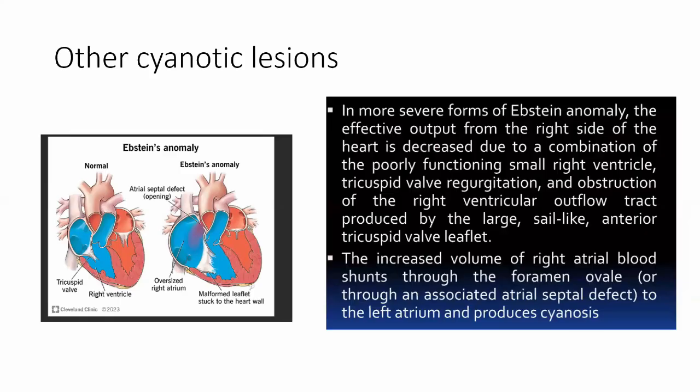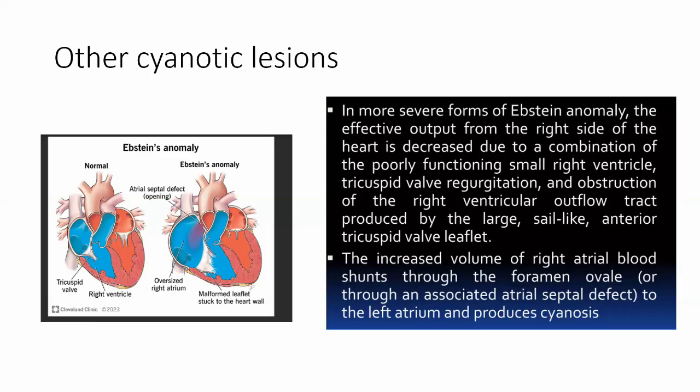And the other type of lesions, I think these are the last 2. It's your Ebstein anomaly. So there's usually a downward displacement of the septal or posterior leaflet of the tricuspid valve into the right ventricular cavity, so that a portion of the right ventricle is incorporated into the right atrium.